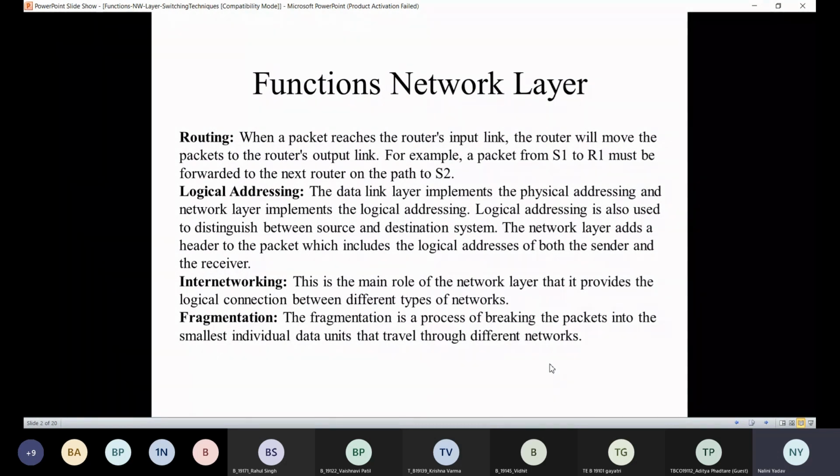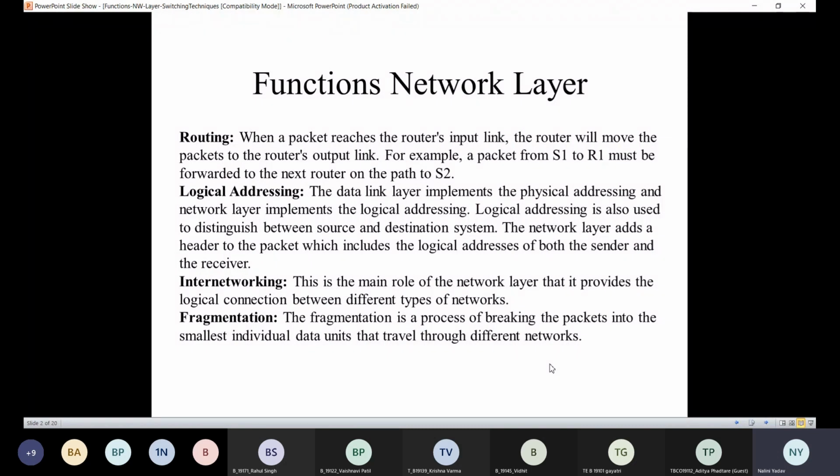For example, if the packet comes from the source S1 and has reached the router R1, this router R1 is supposed to find the further route for the packet, and that is the task of the network layer at the router. Fine. So the router is responsible for forwarding that packet to the next router on the path to S2, that is my destination. Correct.